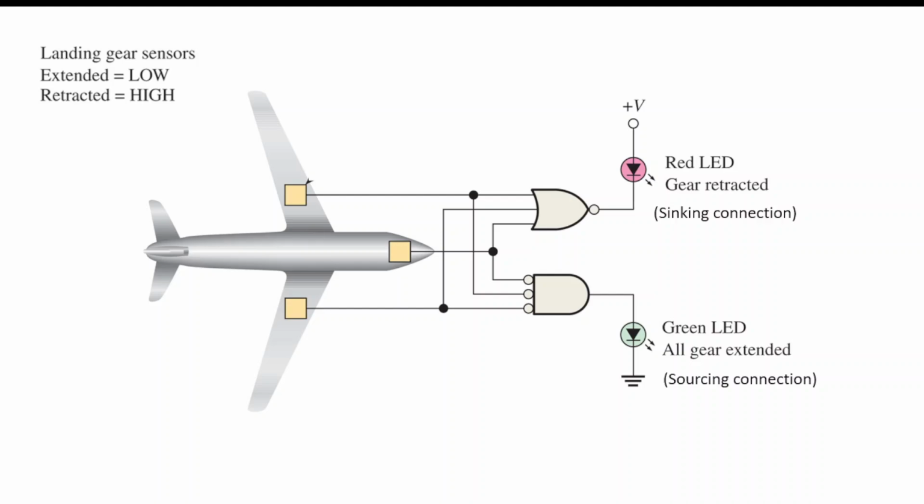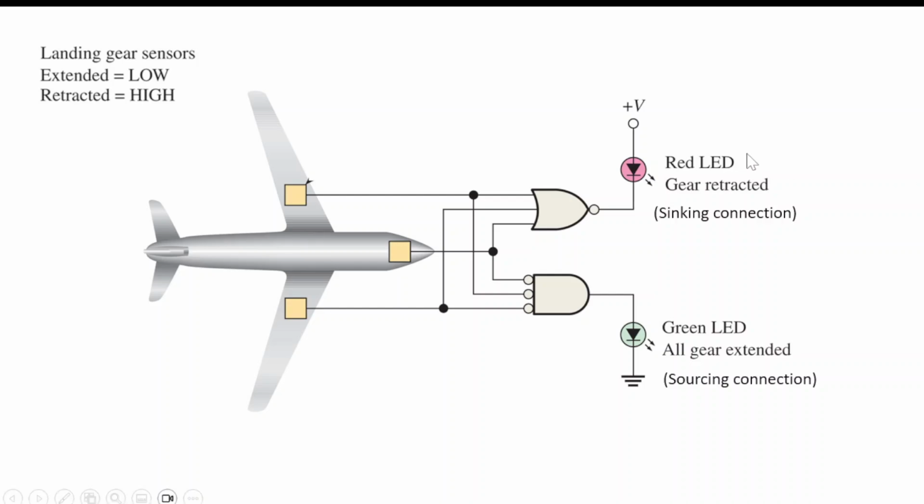In the transportation industry, there's lots of digital logic controllers that are utilized, and here's an excellent example. For this one, the landing gear in an aircraft are going to have sensors. When they're extended, there will be a low signal, and when they're retracted, there will be a high signal. And these two logic gates are then going to come through to two separate LEDs.